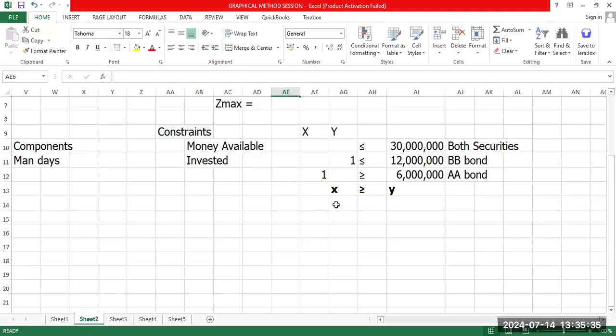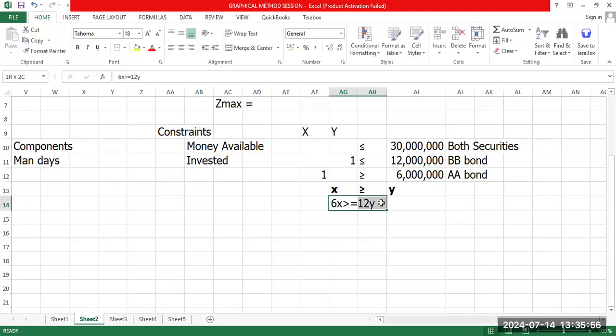Otherwise, if you say for X it should be 6 million, X should be greater or equal to Y, or to 12 million, like some of you did in the assignment I gave.